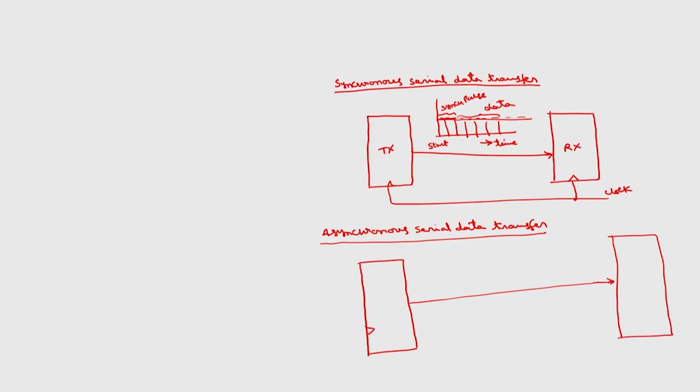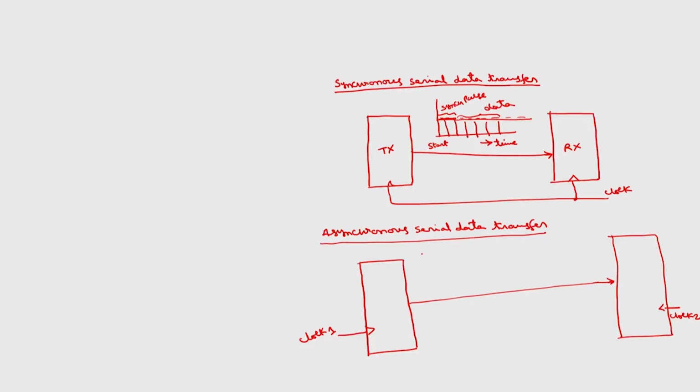But these two will be having different clocks. This is clock 1, the transmitter clock, and this will operate at some other clock, clock 2. This is the main difference between synchronous and asynchronous serial data transfer. Because the clocks are different, we have to transmit start and stop bits along with the actual data.